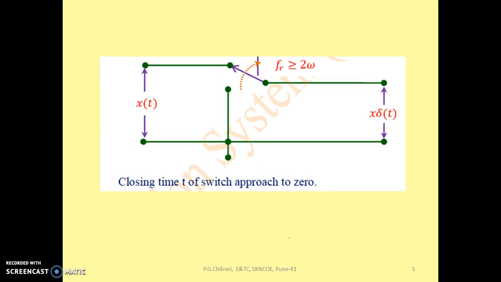The circuit is also ideal. Using a symbolic representation, or a simple switch, we can represent a sampler. So this circuit is called a sampler. Here the switch is turned on and off at the rate of Ts.